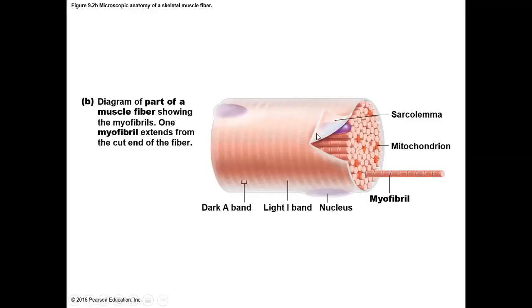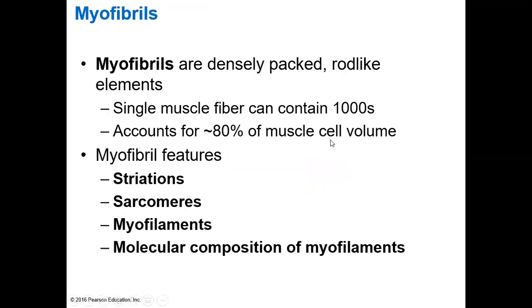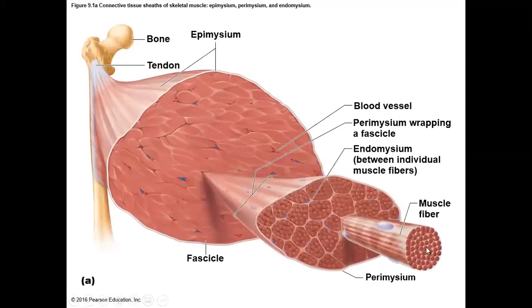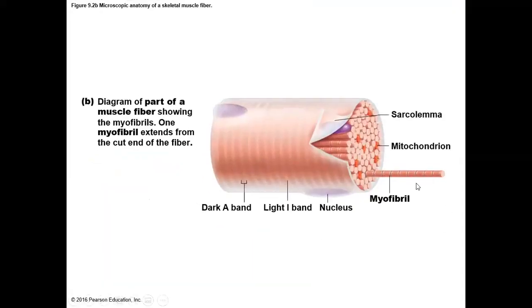So this is an individual muscle fiber, okay? Do you see all the myofibrils that make up one muscle fiber? Okay, the sarcolemma is basically the cell membrane of the muscle cell.